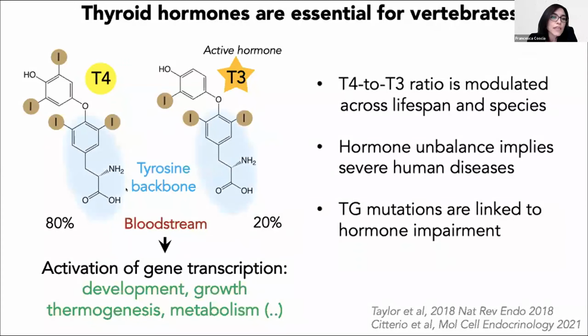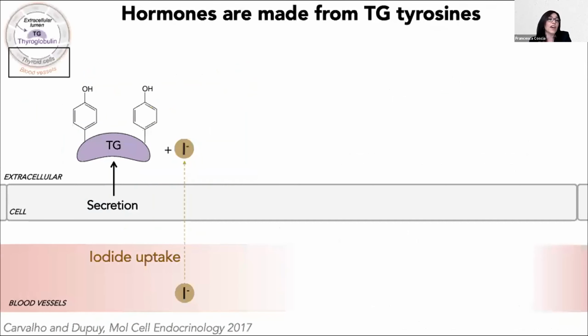So as you can see here, they are made of a tyrosine backbone. And the reason is because they are made by an unusual mechanism from the own tyrosines of thyroglobulin. So if we take a closer look at the follicle, here we have the thyroid cells surrounded by blood vessels and the extracellular lumen. So here the iodine in its reduced form is taken up, and then TG, thyroglobulin, is secreted.